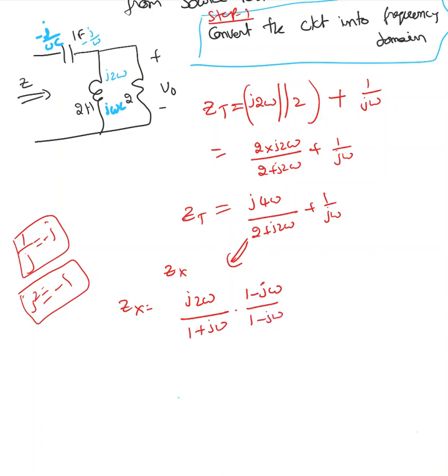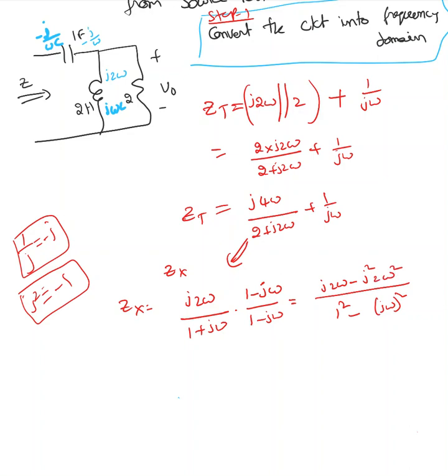I know that this is a plus b times a minus b, so I end up with 1 square minus j omega square. In the numerator, I end up with j2 omega minus j square 2 omega square.